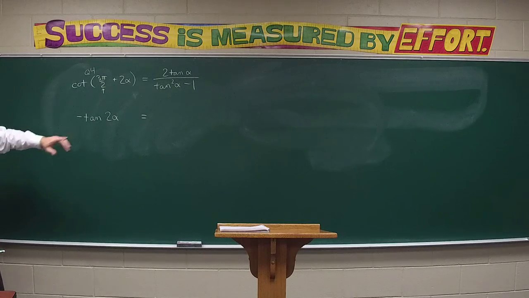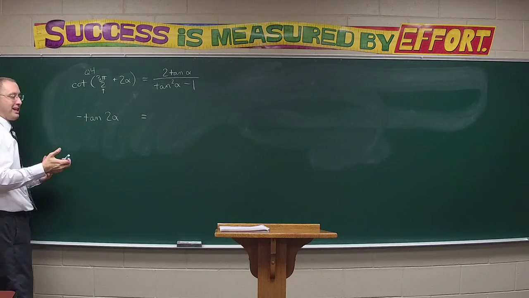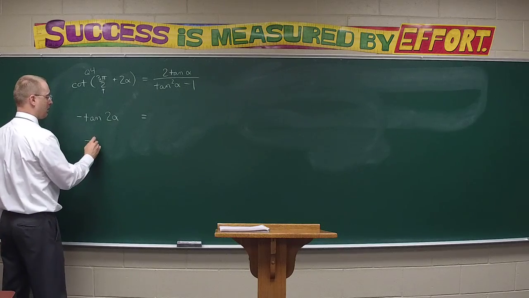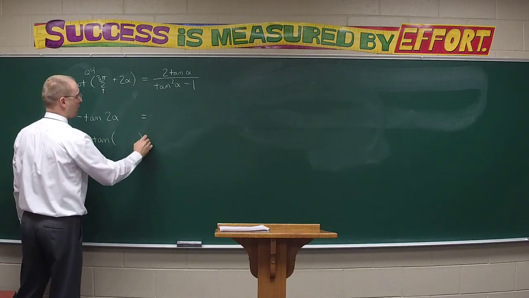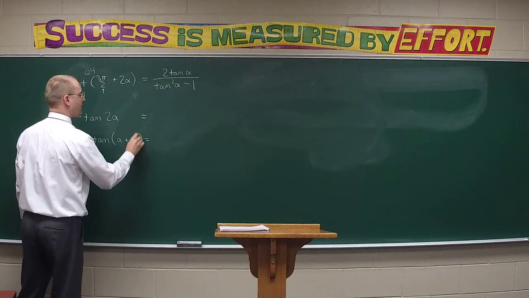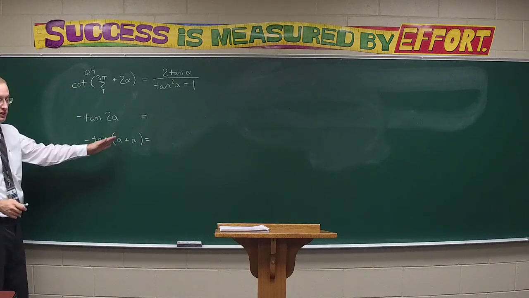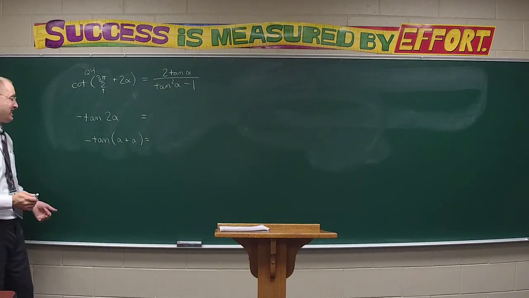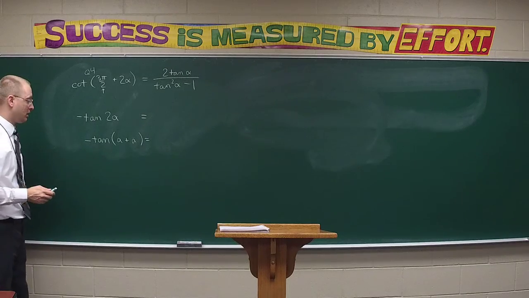Now, Chris, you started to mention this whole 2 alpha. What did I tell you we should do when we see a 2 alpha or a 2 theta or a 2 anything? Do the alpha plus alpha. Good. Write it as alpha plus alpha. So we turn this into a sum or difference identity. And what is the sum difference identity for tangent, Jamie?